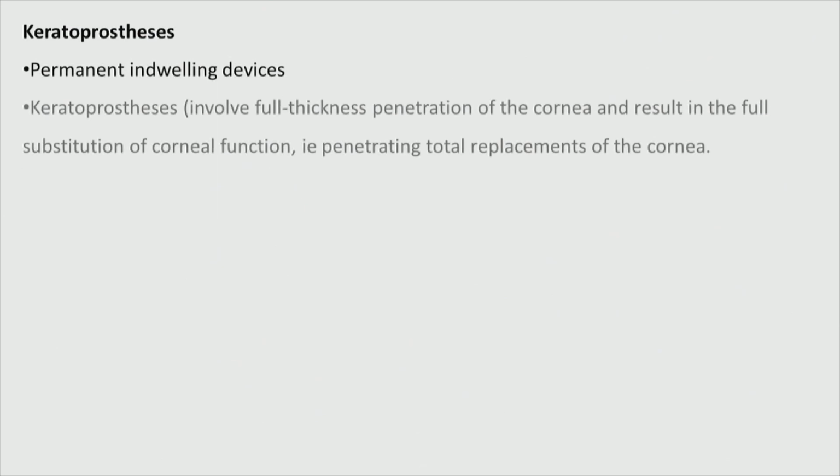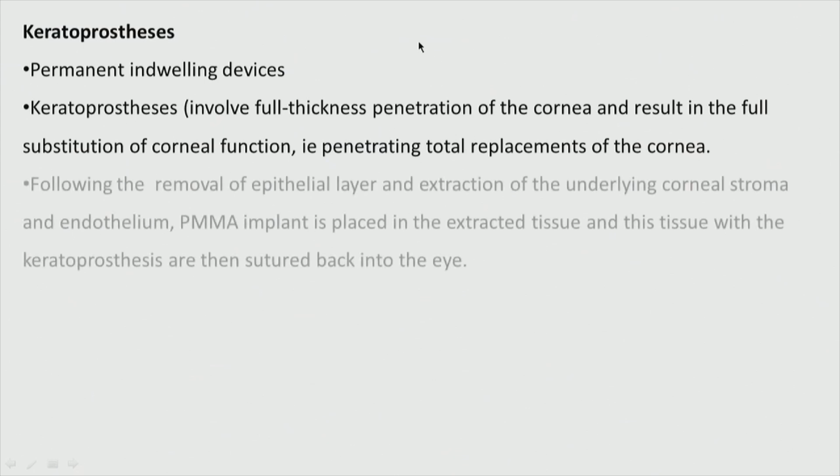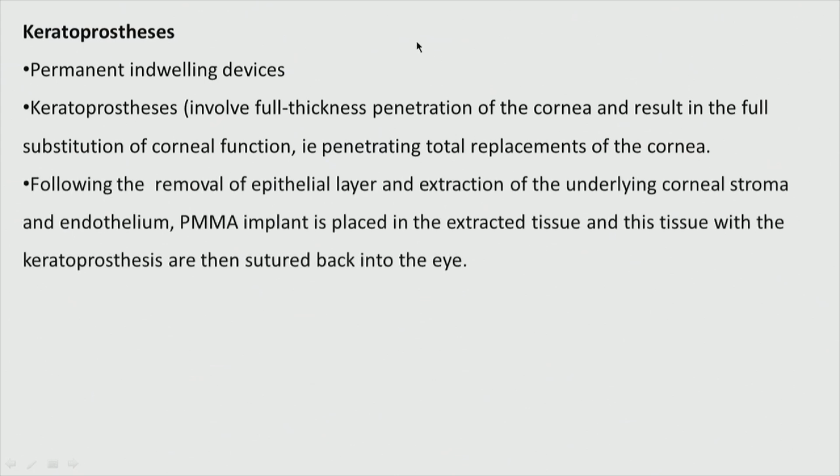Keratoprosthesis, what is this? This is a permanent indwelling device. This involves full thickness penetration of the cornea and results in the full substitution of the corneal function, that is, penetrating total replacement of the cornea. Following the removal of the epithelial layer and extraction of the underlying corneal stroma and endothelium, a PMMA implant is placed in the extracted tissue, and this tissue with the keratoprosthesis is then sutured back into the eye.